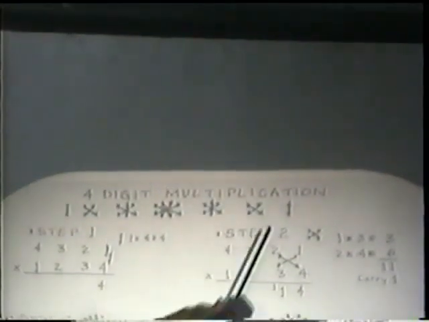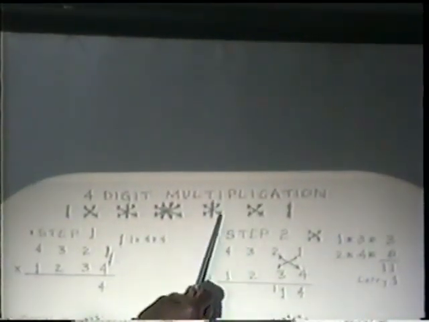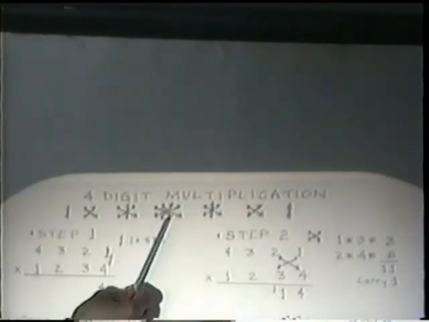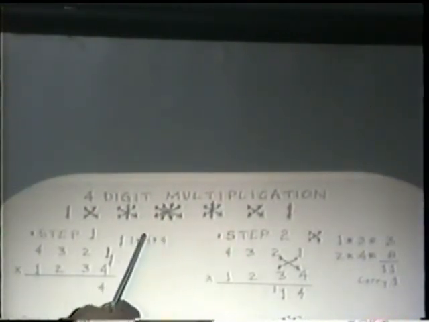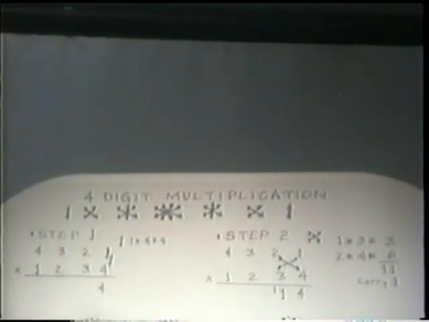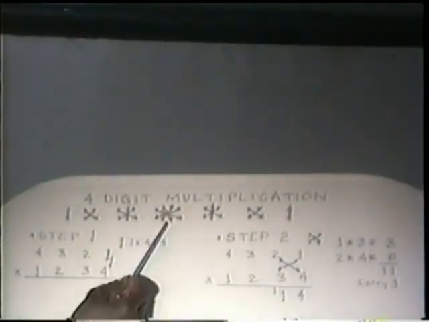We have these steps to go through now. We have vertical, cross multiply. Cross multiply and vertical, double cross. Double cross multiply. Cross multiply and vertical, cross multiply and vertical. As you can see in 4-digit multiplication, what we have is the double cross.